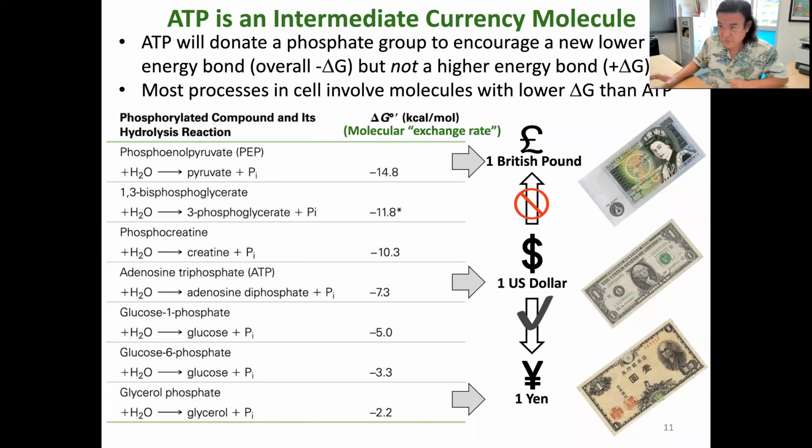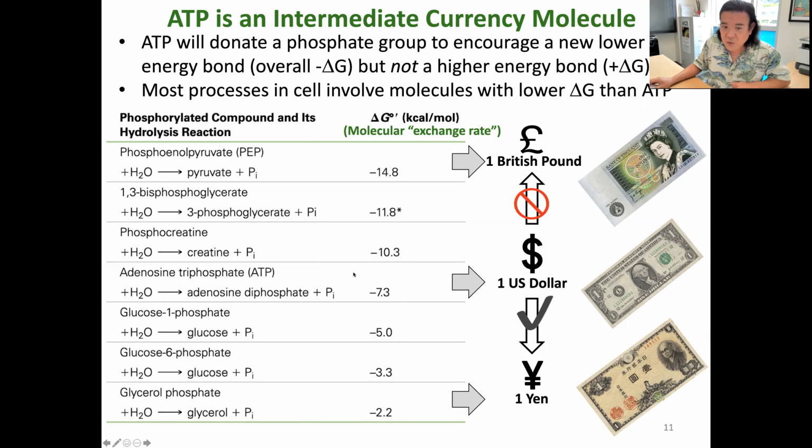Right? That also means what? If you break one ATP and release 7.3 kcals of energy to play with, that's not enough energy to do something like build a 1,3-bisphosphoglycerate, starting from a 3-phosphoglycerate and a free phosphate group, right?